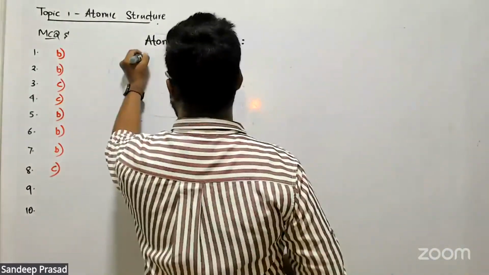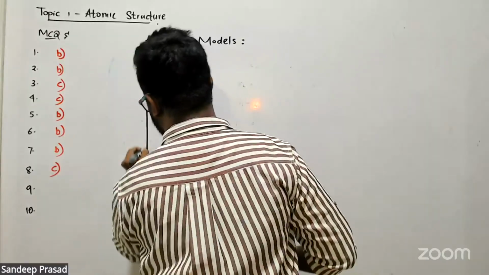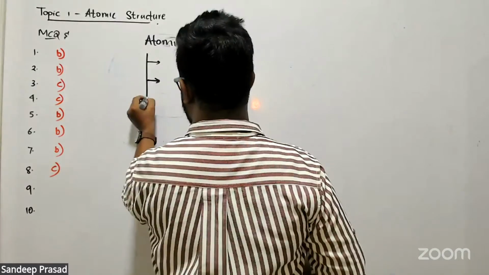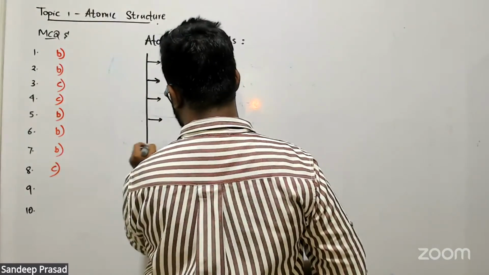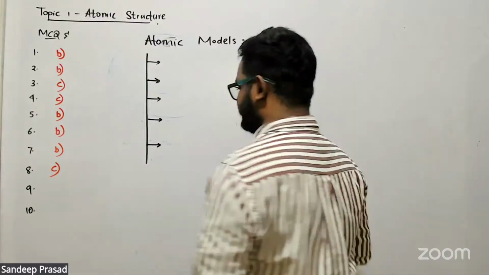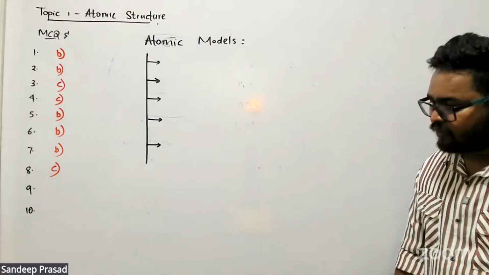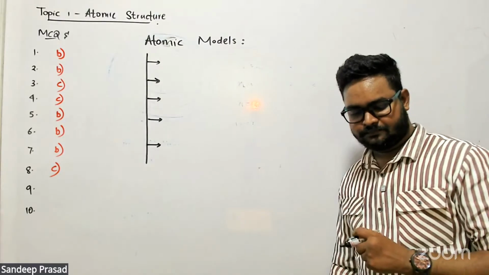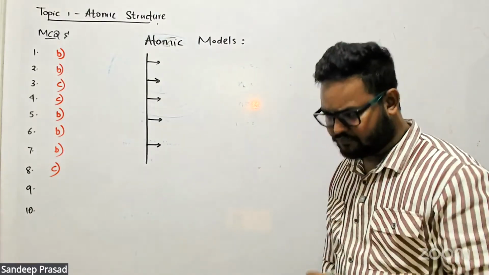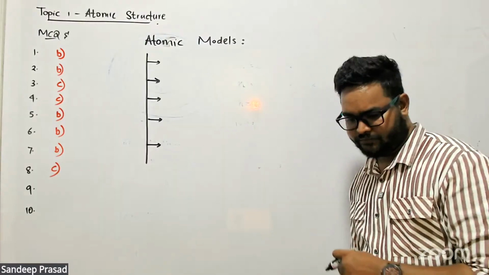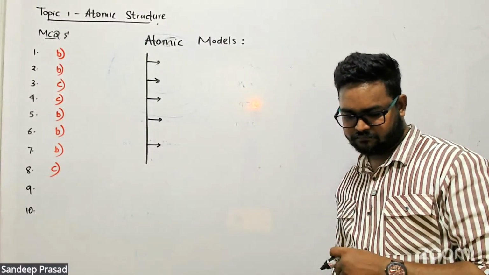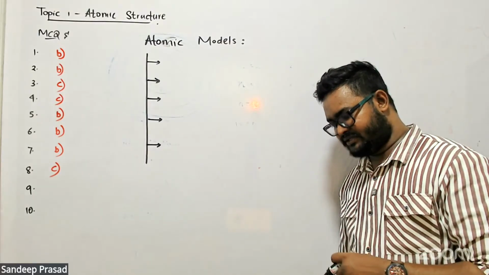Under atomic models, there are 5 atomic models that you should know. The first atomic model is known as, anyone? What is the first atomic model discovered?